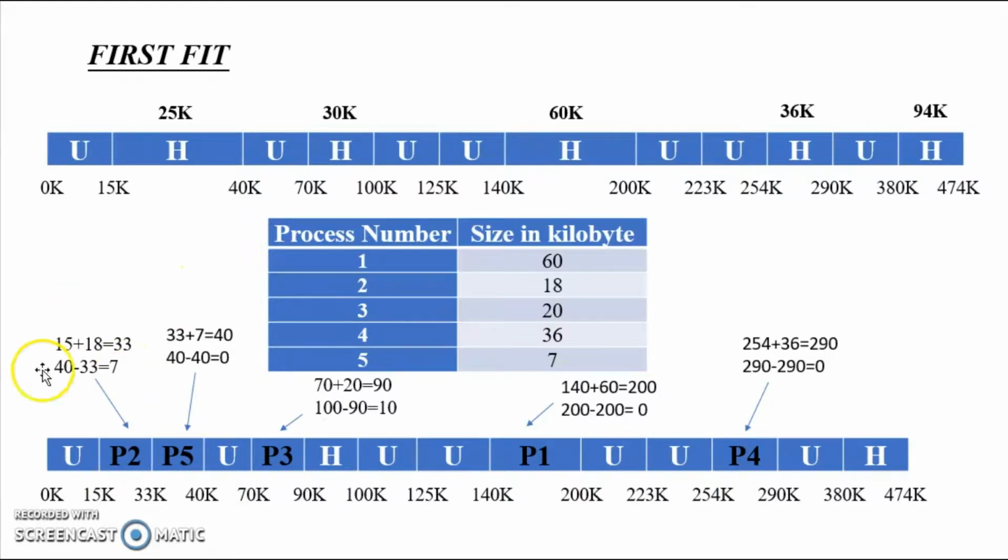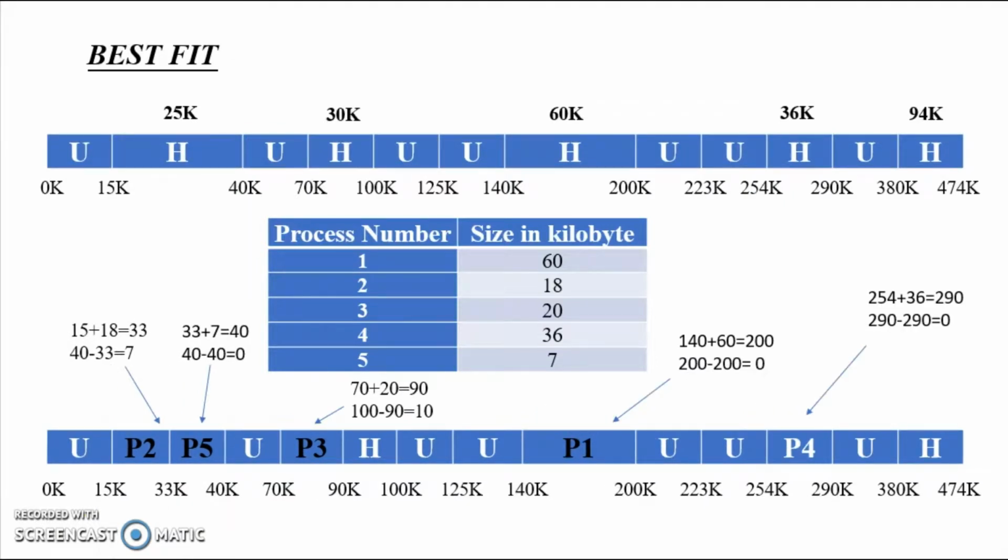The first hole, just now we mentioned, is left 7 kilobyte, which matches the fifth process. So we put the fifth process in the first hole after the process 2. Next is the best fit.